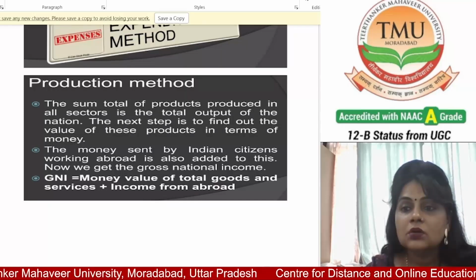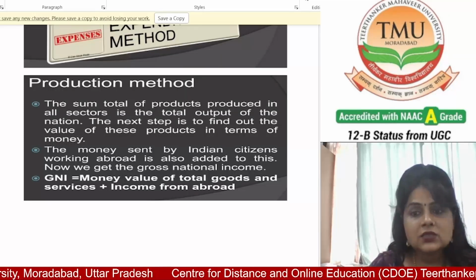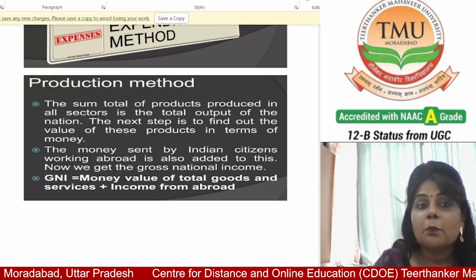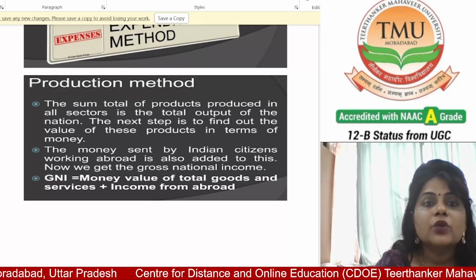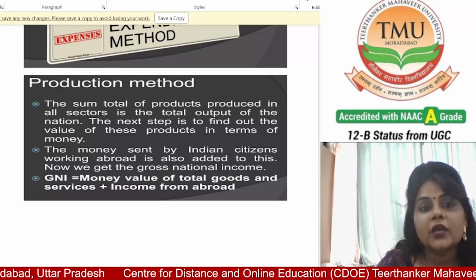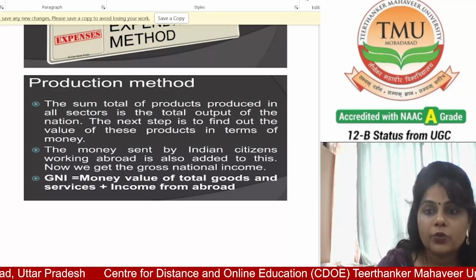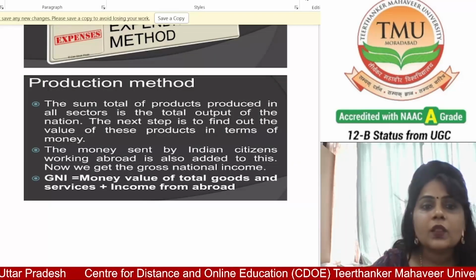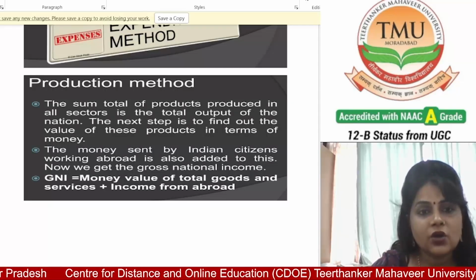The second component of this method is value of output. The value of all goods and services produced during a period of 1 year is known as the value of output. Different ways of calculating the value of output are as follows.